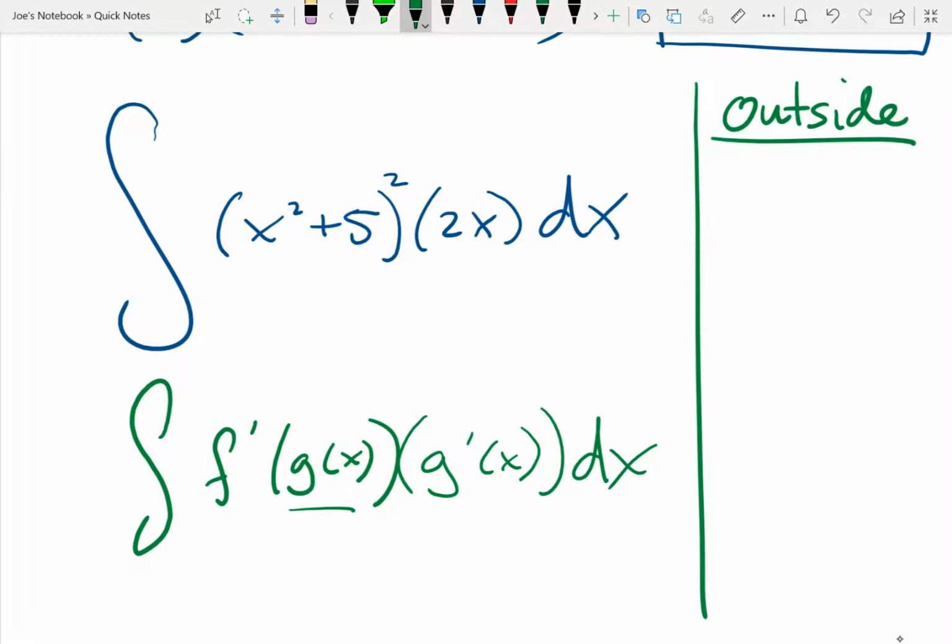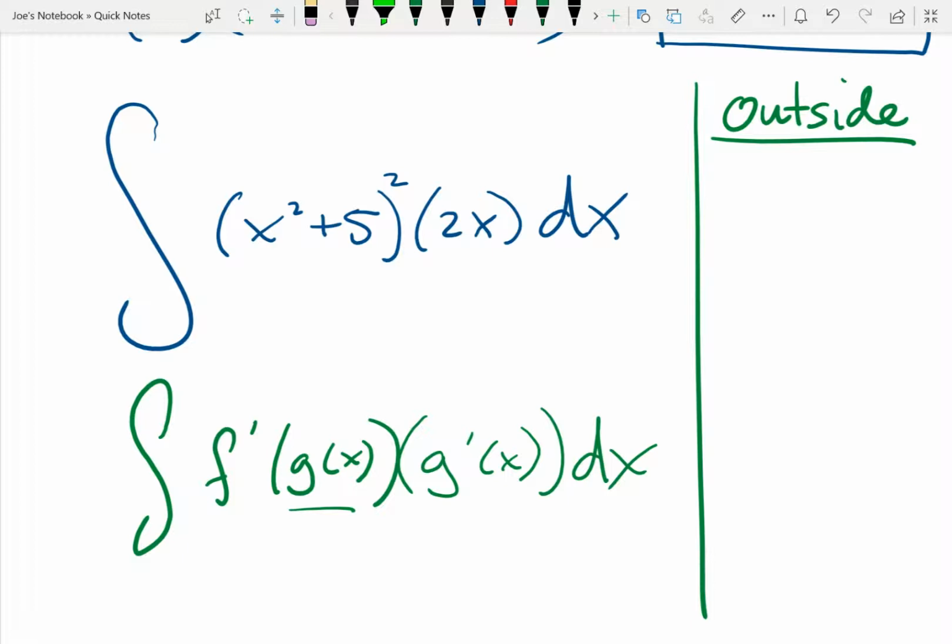In the book, they're going to call that some f of x, but let's just do inside and outside because that makes it so much easier. Can you find some outside function there? At this level, you're only going to have a couple of options. You're going to have something to a power, or some kind of trig function. We don't bring logs in for another few weeks.